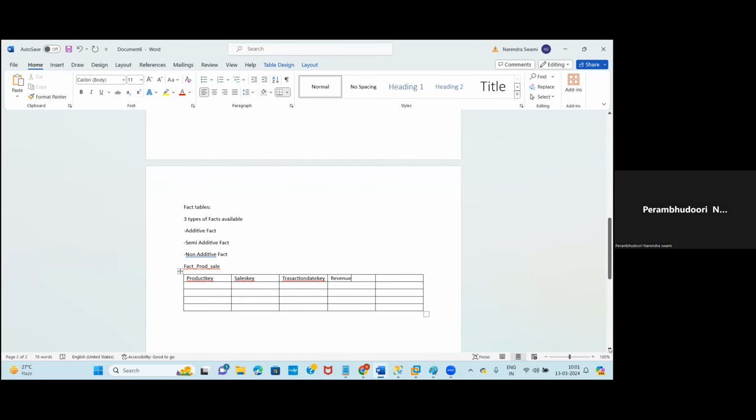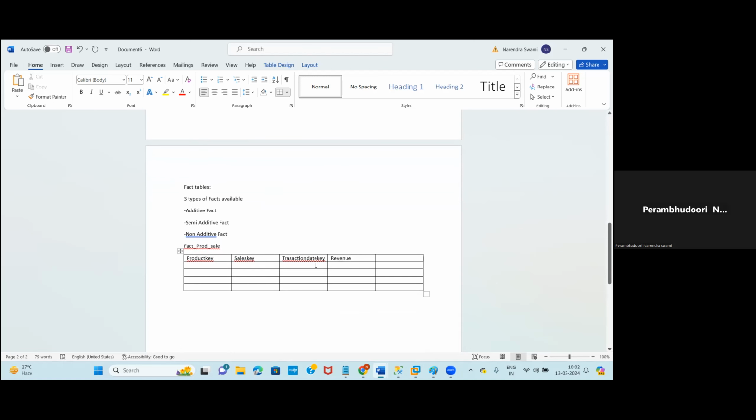So from this table, suppose we want to analyze product-wise sales. Suppose I have product 101 and sales 201, and the transaction date key is 11/03/2024. Revenue is something like 100.